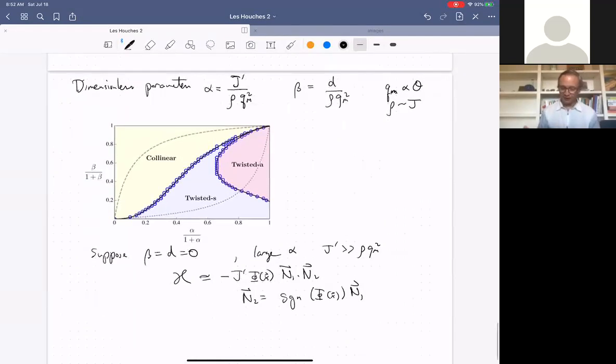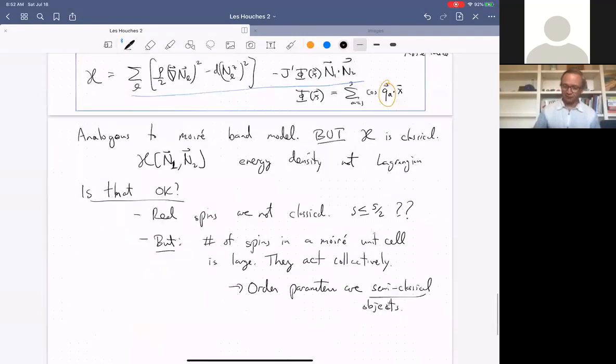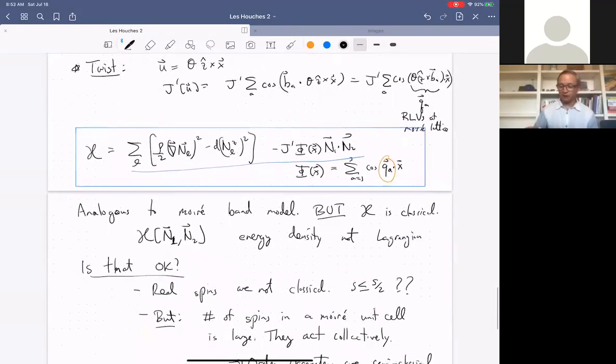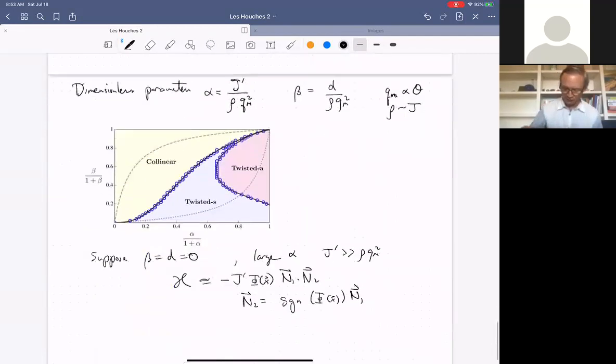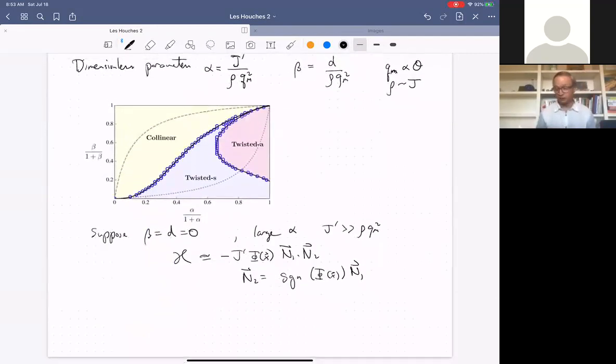Well, phi is this function, the sum of the three harmonics. You can see it doesn't contain a q equals 0 component, so it has zero net average. So clearly it contains both positive and negative regions. If you actually plot the sign of phi over a Moire unit cell, you'll see that there's a region near the origin where it's positive and a region outside where it's negative.